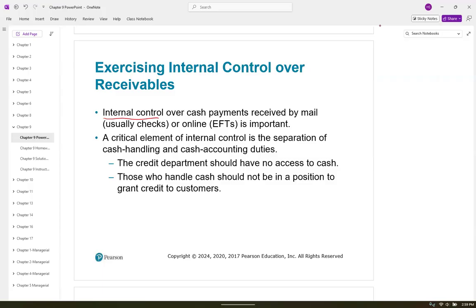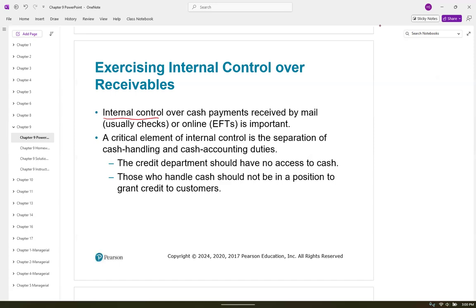You could have somebody working in accounts receivable who's receiving checks. And remember that ARC: authorization, recording, and custody. If they're receiving the check and making the journal entry, we've crossed those two functions together. So we have to be very careful.